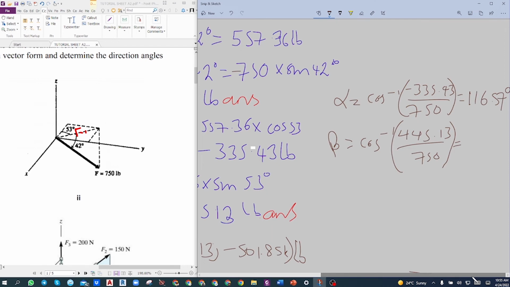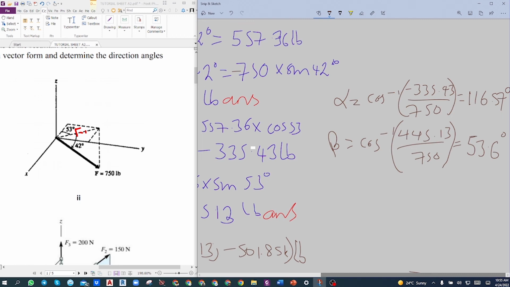Sorry, I think I have pressed something wrong on my calculator. Which is actually equal to 53.6 degrees.